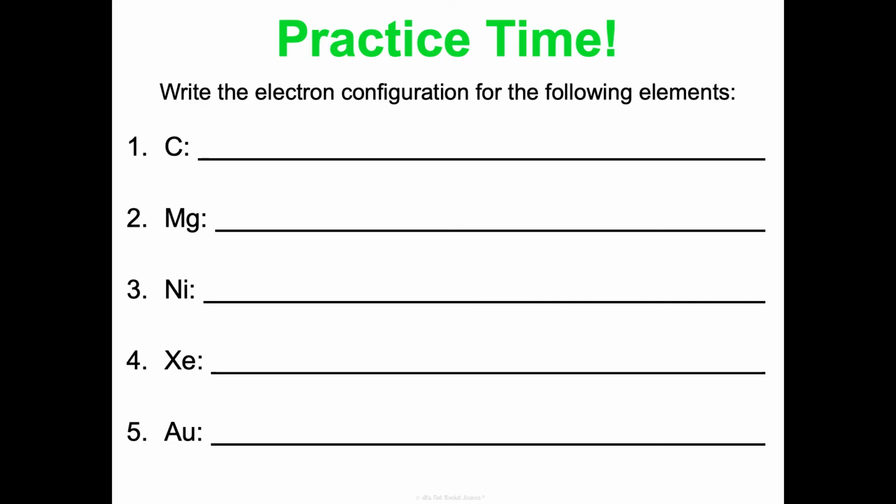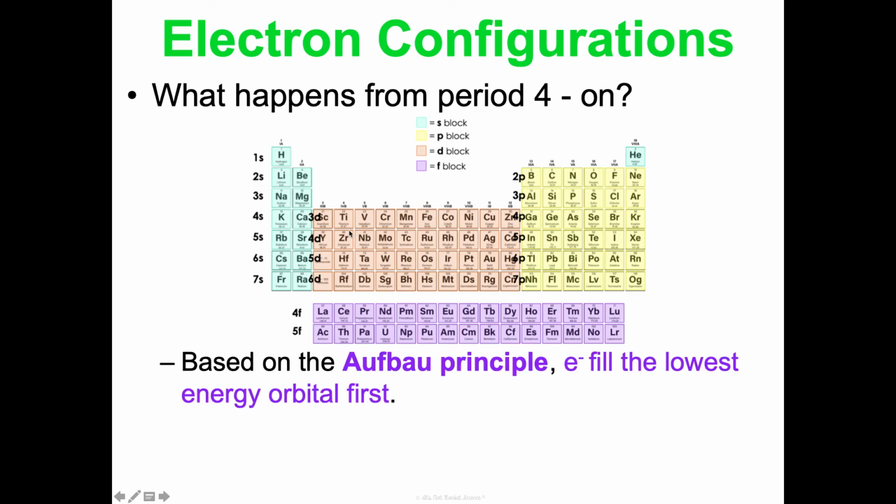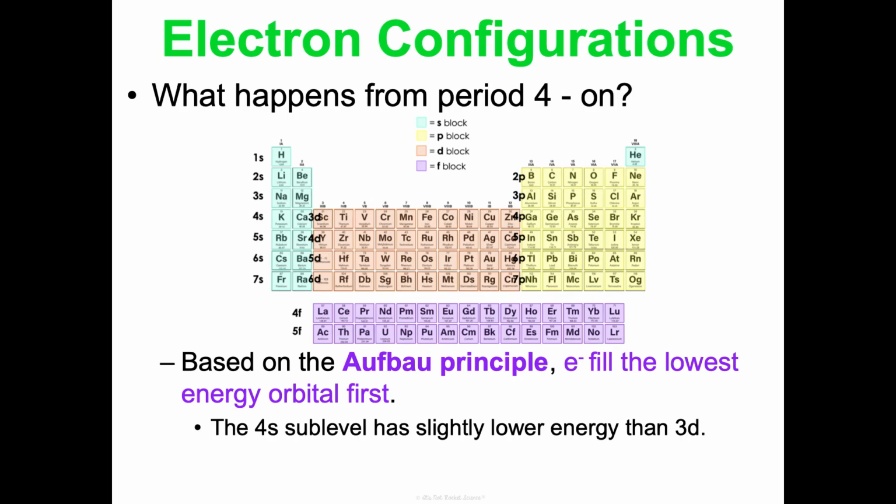Now, for the sake of the notes, as you get going, you're going to wonder what happens when I get to period 4 on? Because that's where we start seeing it goes 4s, 3d, 4p, 5s, 4d, 5p. It starts getting a little confusing, okay? Remember, based on the Aufbau principle, electrons are going to fill the lowest energy orbital first.